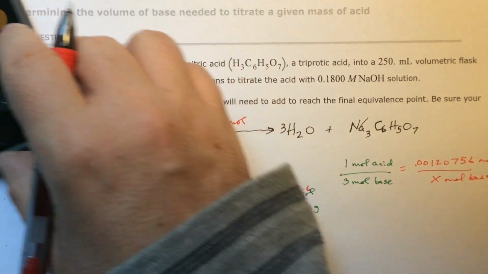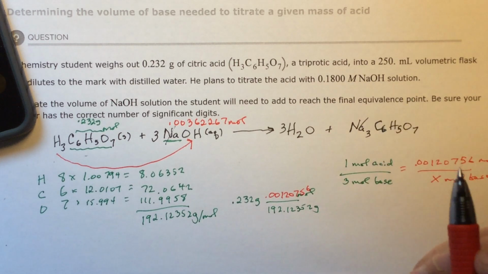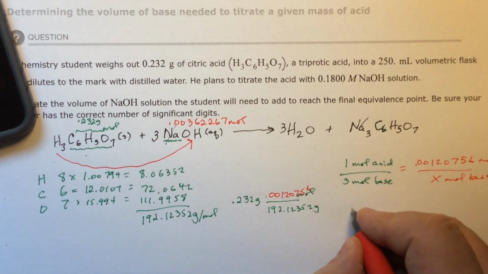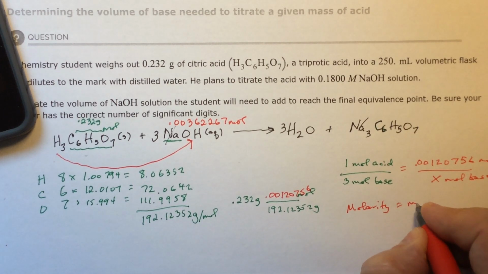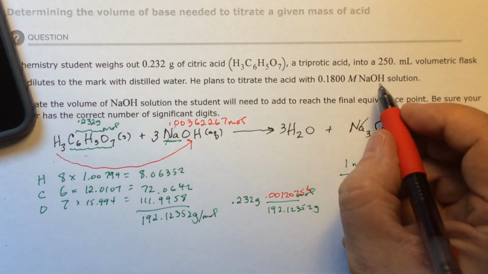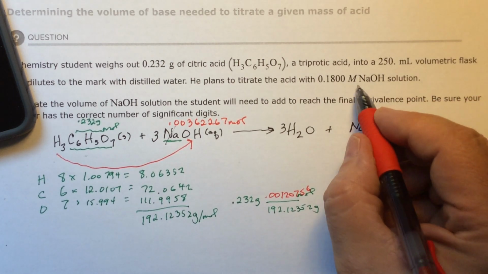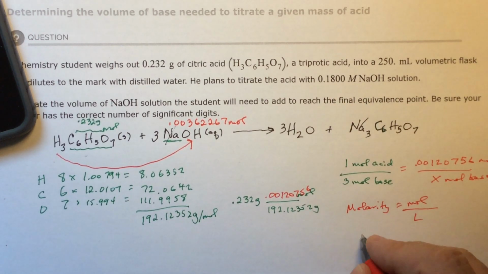All right, now I have been given 0.18 molar sodium hydroxide. Molarity equals moles of solute over liters of solution. I know that the hydroxide is what this is, the base. I know that its molarity is 0.1800.